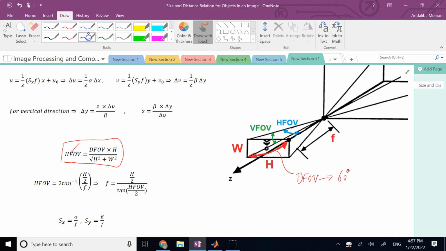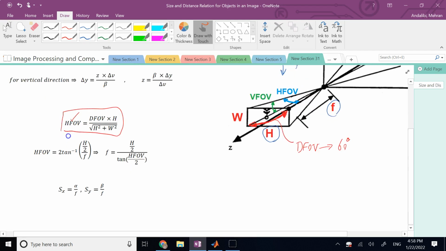So if it's horizontal, what does it have to do with H, the horizontal size of the sensor, and what? F, the focal length. Well, here, if you look at this pyramid, you can easily see a triangle. For example, if you look from the top, if you look at the top view, what would you see?